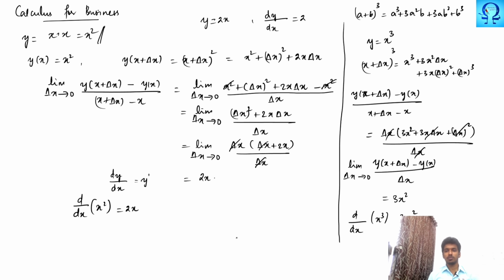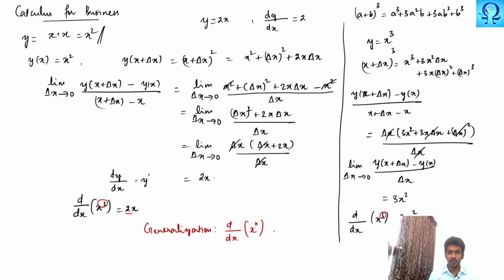Now, this may need some generalization. How are we going to do it? Generalization can be obtained from the observation, or we may do it for the general case. So whatever we have as x power n, here you see you have square, you have cube, but whatever power you have comes to the front.